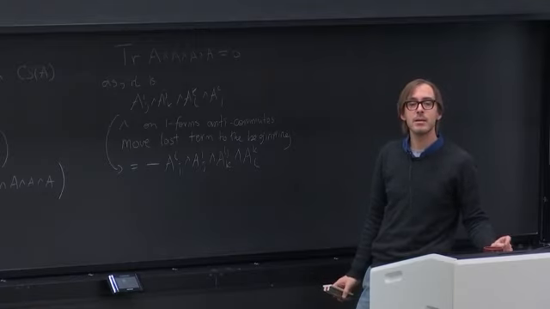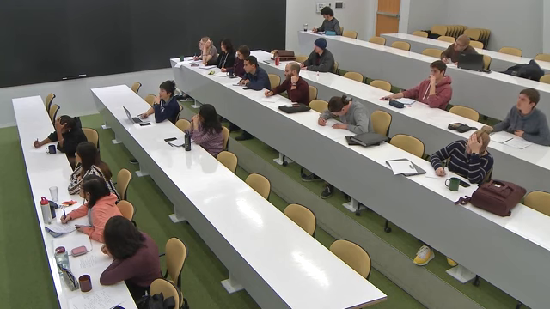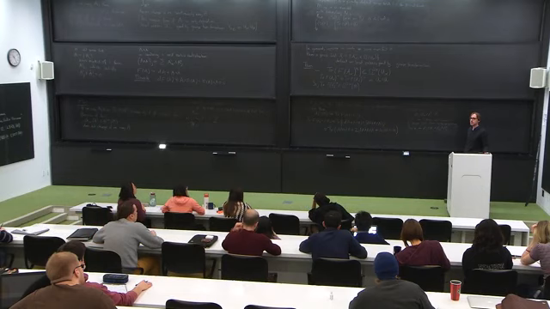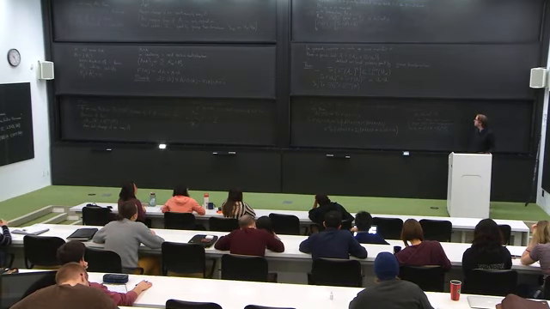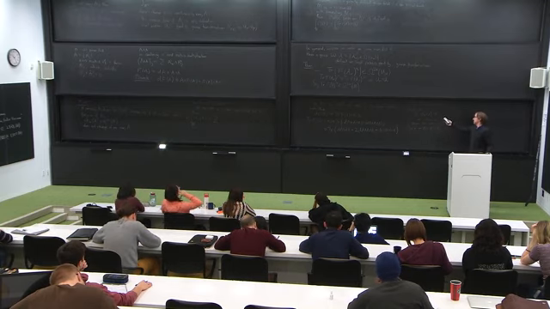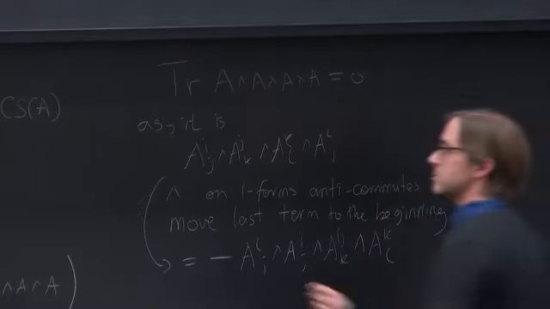How do we know that the gauge field is a one-form? That's the definition of a gauge field. It's a matrix of one-forms. So these two are the same, except the indices are given different names, so the whole expression vanishes.